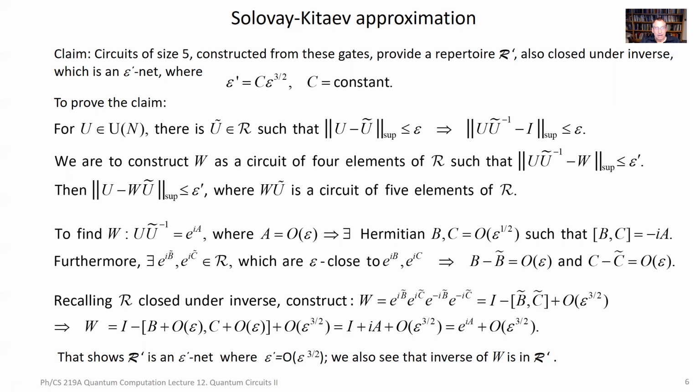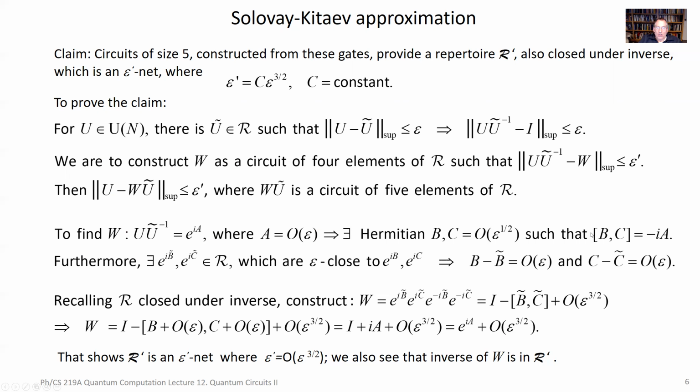That'll be good enough, because this is the same as saying that U minus W U tilde is epsilon prime close to U if I was able to find W such that U tilde inverse minus W is less than or equal to epsilon prime.